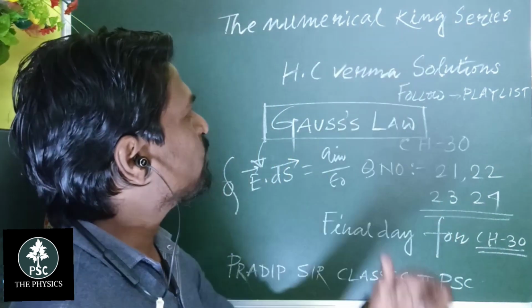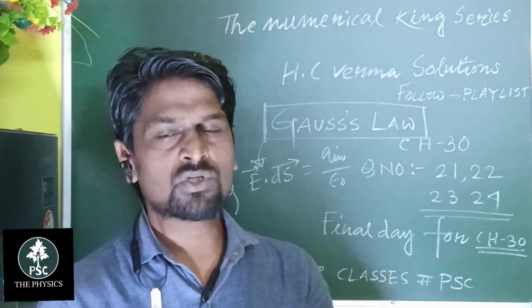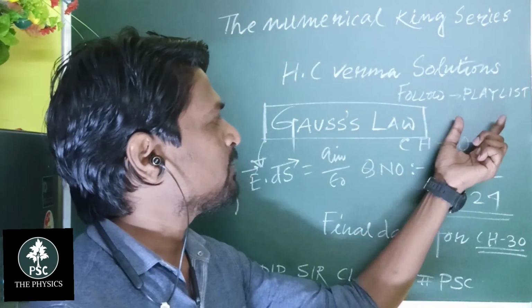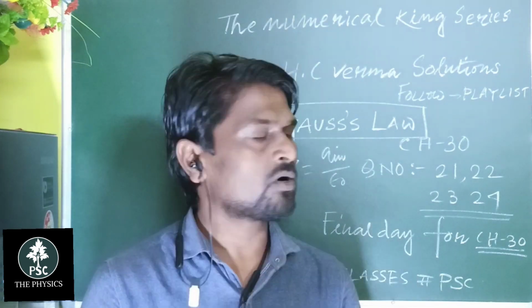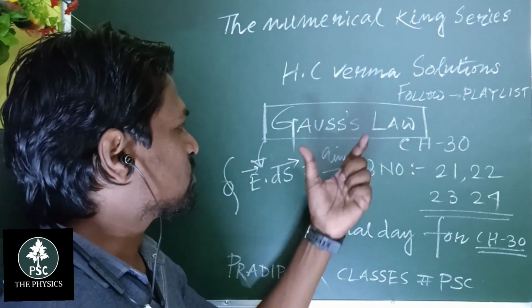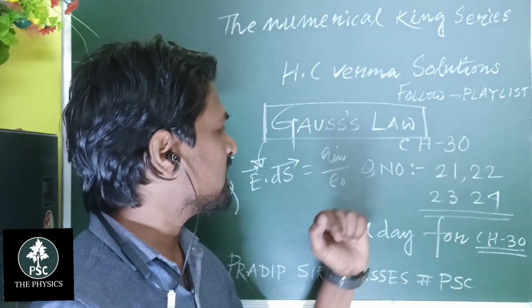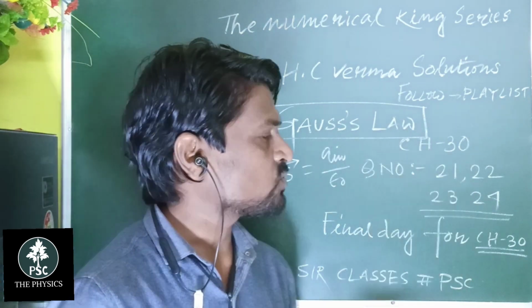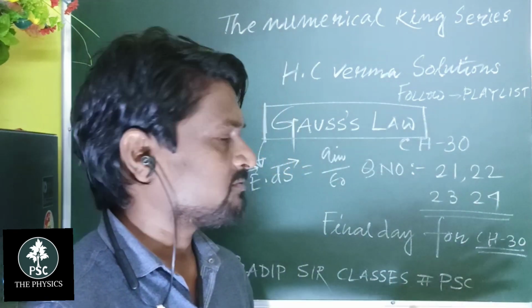And this is the Numerical King series, AC Verma solutions, and I suggest you follow the playlist for the particular order of the numericals. This is Gauss's law, chapter number 30, questions 21, 22, 23, 24, and this is the final day.